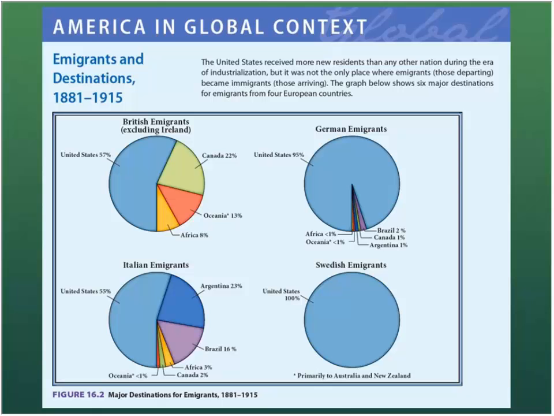But this is an opportunity to explore with students who have taken world history, perhaps, or can think in a global context, why immigrants from Britain might have chosen Canada or Oceania, which includes Australia and New Zealand primarily, or Africa, and to see how the British Empire shaped immigration choices and also then who came to the United States and what the population of the United States came to look like.